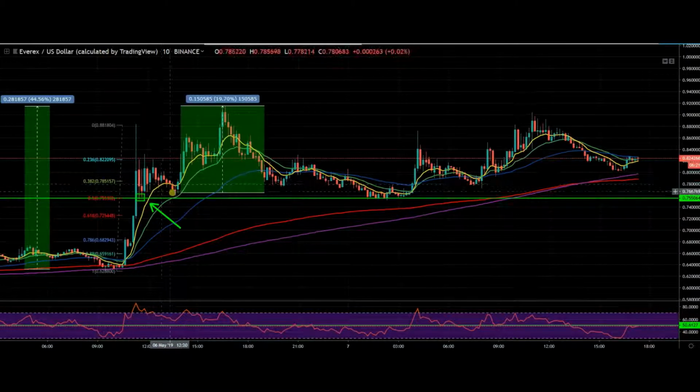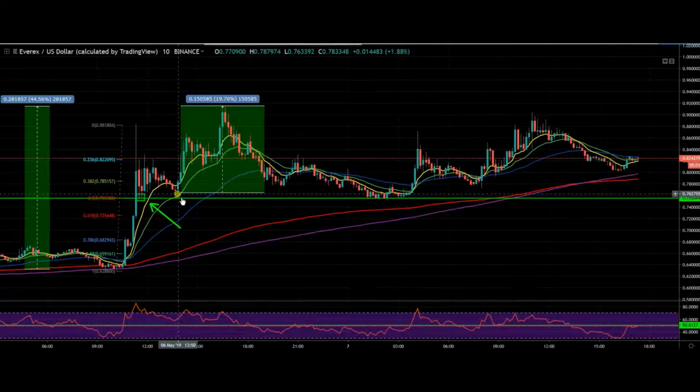As price came back down, if you're looking to buy this, you've got your level, you've got your first low, you've got your 50 EMA, you've got the higher low, you've got the 20 EMA, and you have your RSI above 50. That's 4 confluencing bullish factors. And if you're looking for a trade here, the more factors you have, the better.